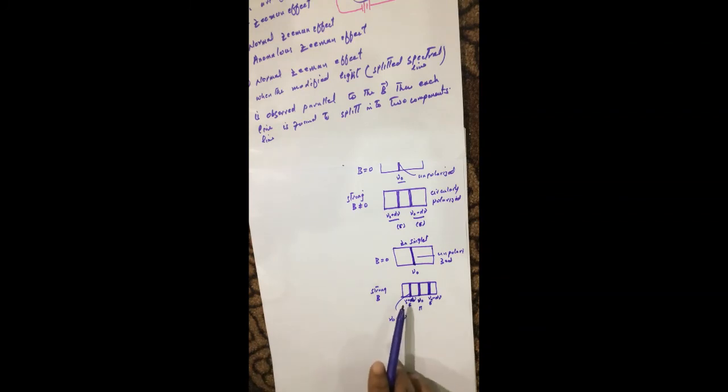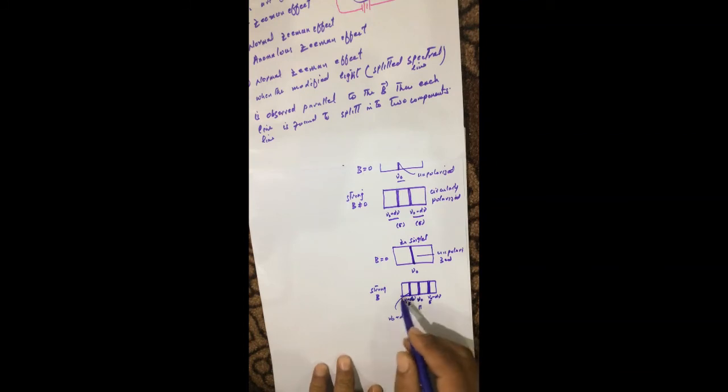So this component has a higher frequency, nu naught plus d nu, as compared to the central one, and this one has a lower frequency, nu naught minus d nu, as compared to the central one. Now these components on either side of the pi component are called sigma component lines. So this is what we call the normal Zeeman effect.